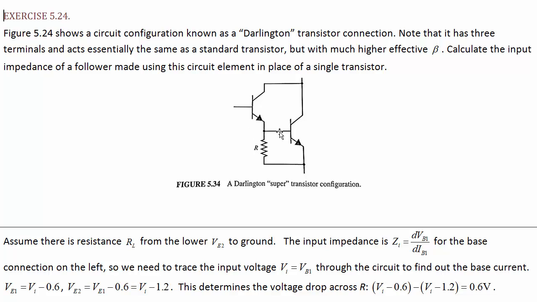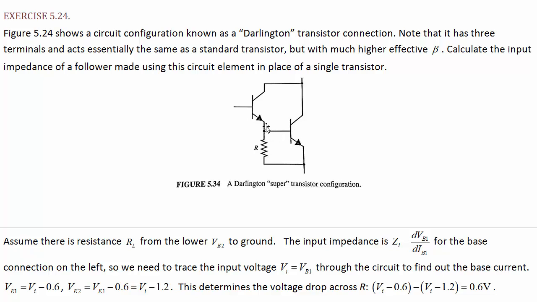We can use all the approximate calculations in this section. So we'll say this is a 0.6 volt drop, and a 0.6 volt drop from there to there. So we know, okay, well, R has 0.6 volts across it because it's just connected across that base emitter junction. And so that tells us how much current goes down there versus goes in there. We can write out IB1, IB2, and the collector currents are just whatever they would need to be equal to basically the emitter current. So where does this emitter current go?